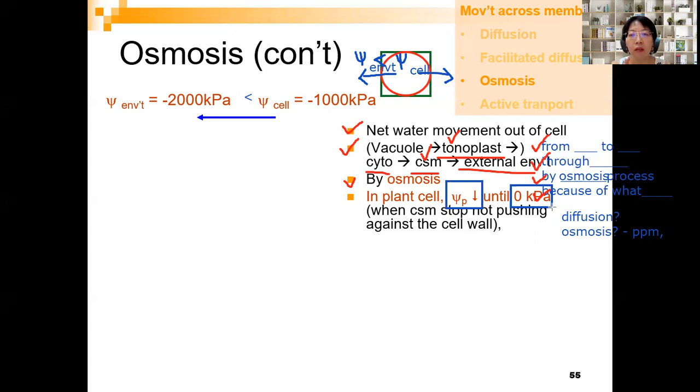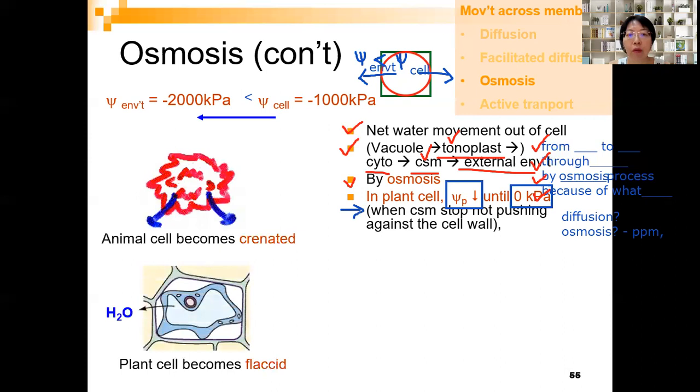The moment when the cell surface membrane stops pushing against the cell wall, at that point, psi p is considered as 0. At this point, we've given a special name to the cell. The cell is experiencing incipient plasmolysis.